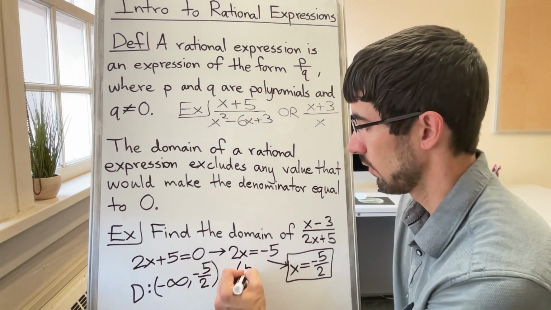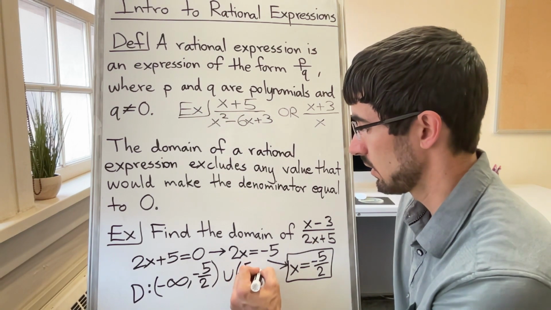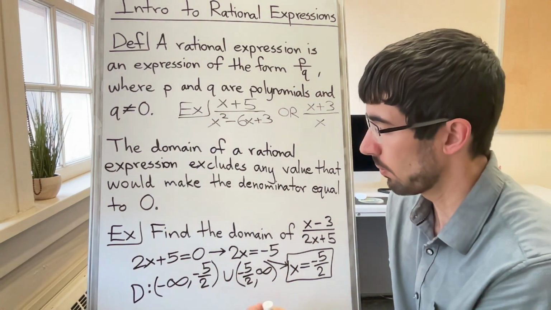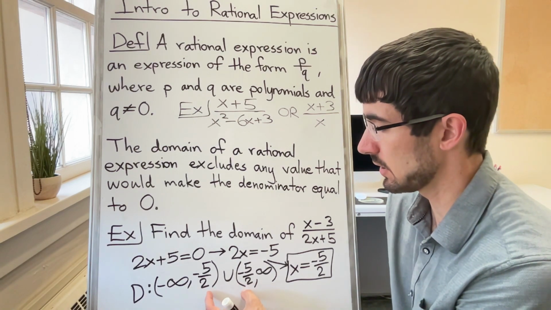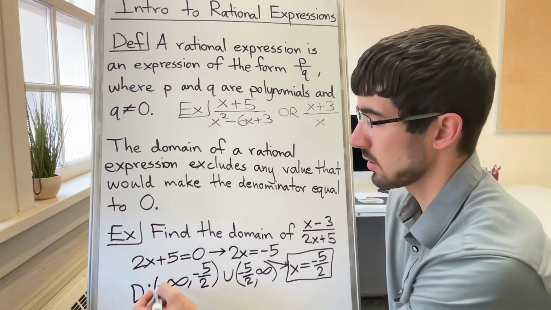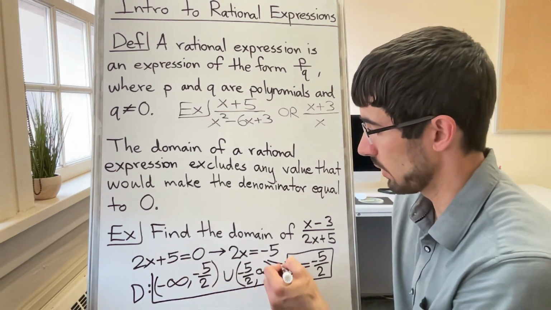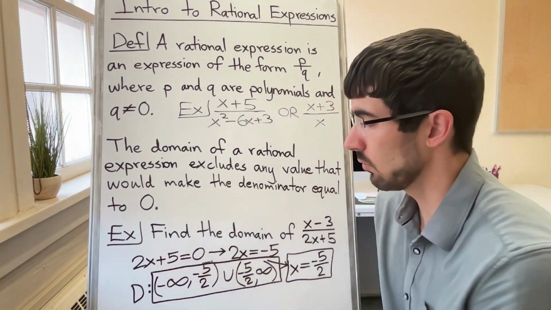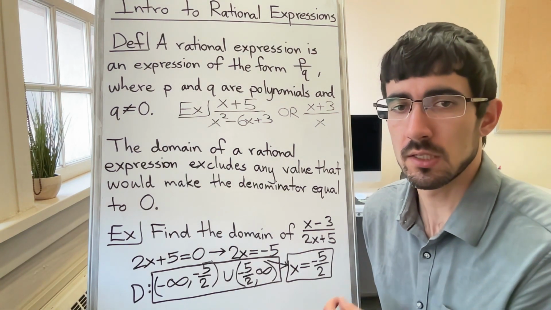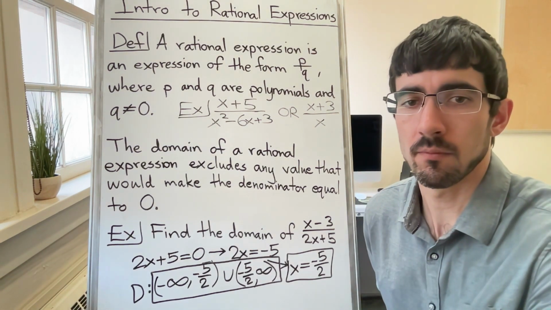Union from negative 5 halves to positive infinity. This means anything greater than negative 5 halves. But because I wrote a parentheses around this negative 5 halves, I'm excluding that from the domain. So here's how to show this domain in interval notation. In words, it means any x value that is not equal to negative 5 halves.